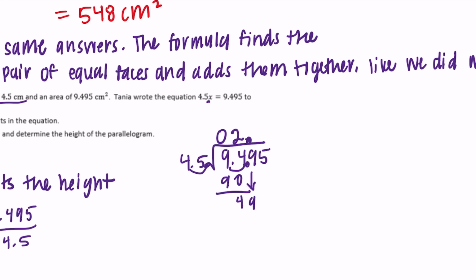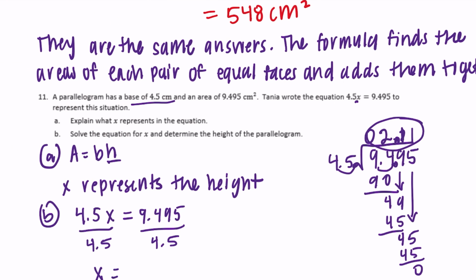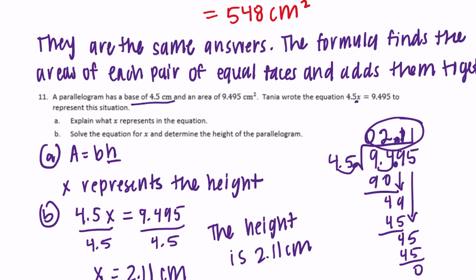Bring down the 9. 45 goes into 49 once. And 45 goes into 45 once, with no remainder. So we get 2 and 11 hundredths. So x is equal to 2 and 11 hundredths centimeters, or the height.